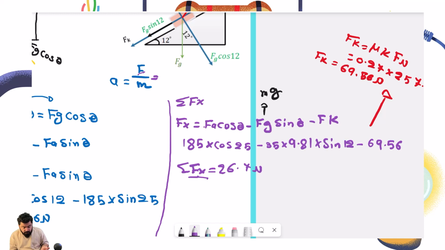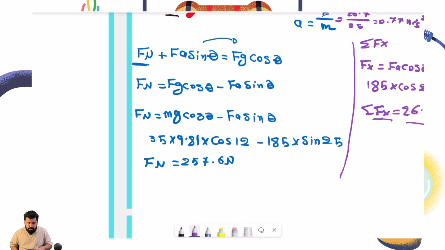Because the sum of all the forces contributing to the motion of this object is only Fx. For Fy, the net force is 0. The force on Fx is equal to 26.7. So 26.7 divided by the mass, which is 35, you should get 0.77 meters per second squared.